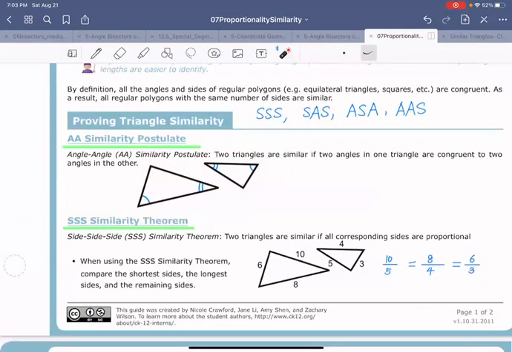So as long as we know you have 2 angles correspondingly equal, because triangle interior angle summation is 180 degree, then the third one will also be equal, because this plus this plus this equals 180. This plus this plus this is 180.